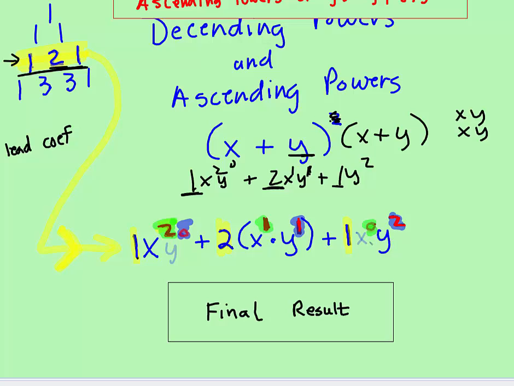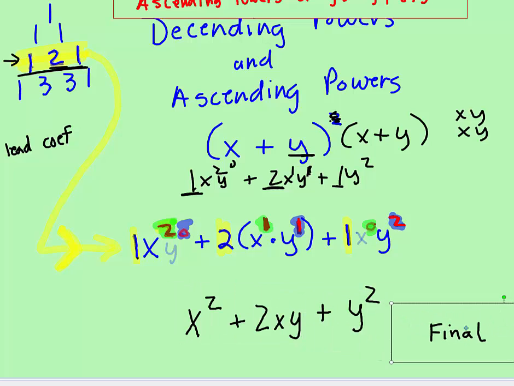And notice I have the x to the 0 and the y to the 0 not very visible. It's because any non-zero number or variable to the 0 exponent is just going to be 1. So those can actually be invisible. And there you have the final result.